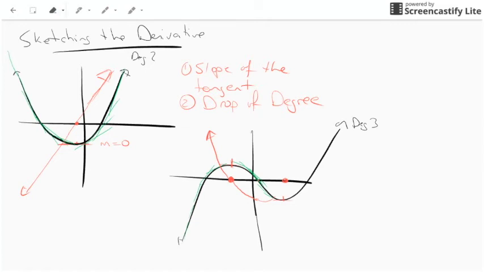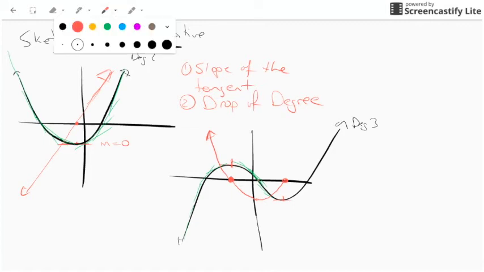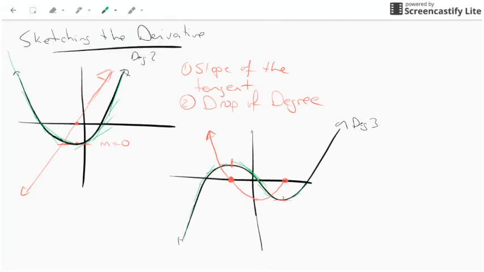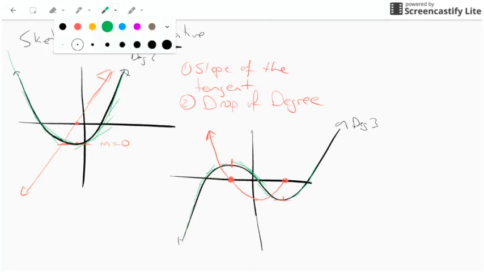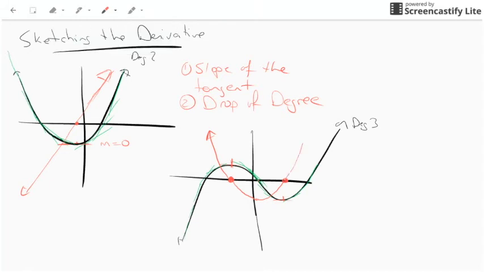Shoot, sorry, I drew that badly. Try that again. Then it goes up to 0. On the other side of that little vertex right there, slope is positive and increasing, meaning that my derivative is going to be positive above the x-axis and increasing. And there's what my derivative function would look like.